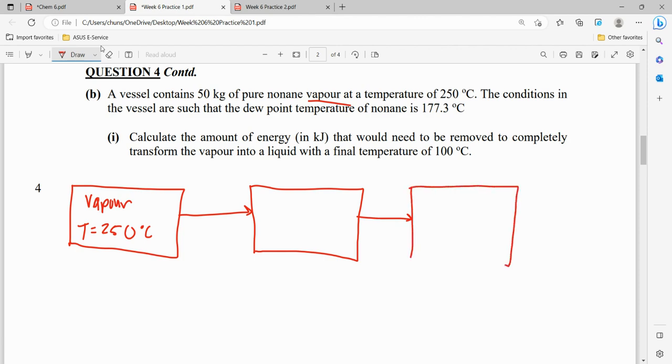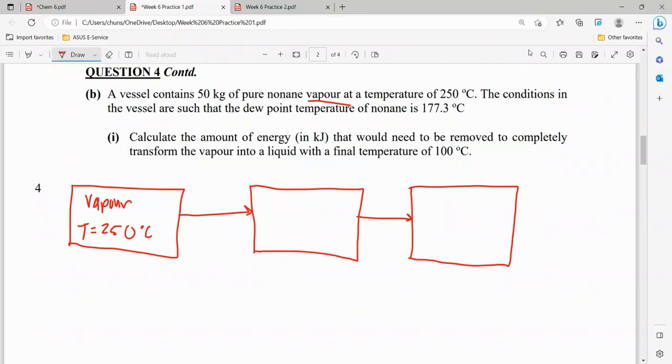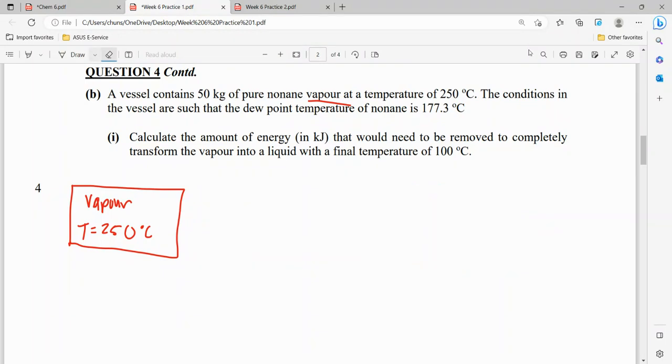Then at 177, here's where we're going to see our phase change.